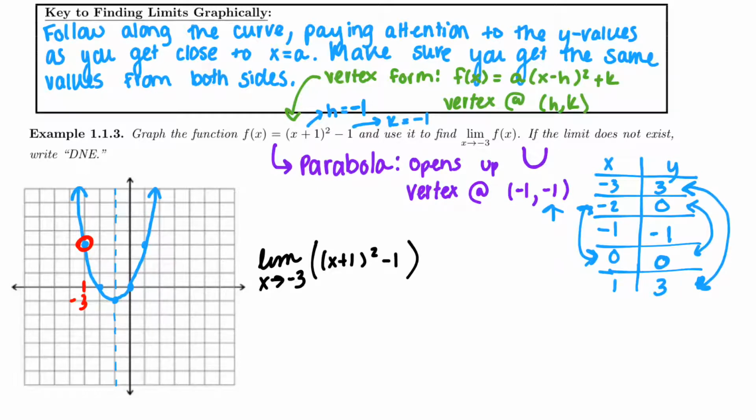So we're looking for this limit. Now we actually know what happens here because we can see the whole picture, right? We know that it actually turns out that this is 3.